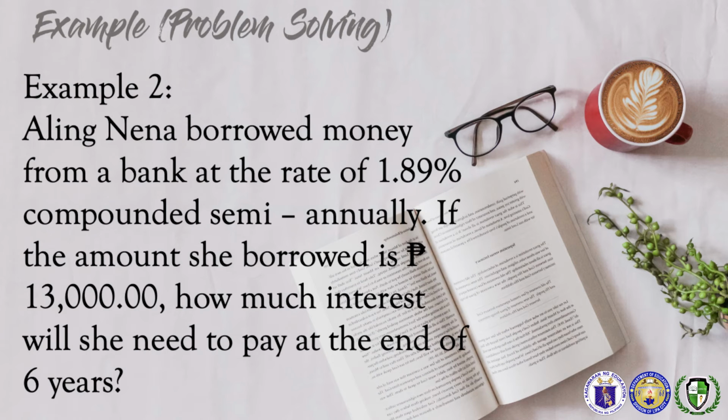Aling Nena borrowed money from a bank at the rate of 1.89% compounded semi-annually. If the amount she borrowed is 13,000 pesos, how much interest will she need to pay at the end of 6 years?